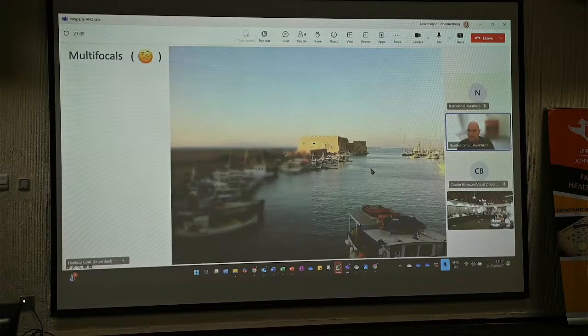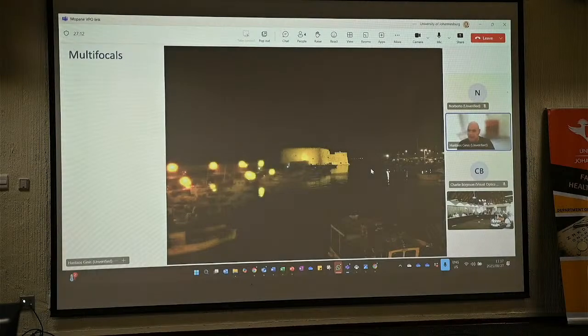Again, I'm going to show you how we do this kind of simulation and how we quantify what is the function in those lenses.